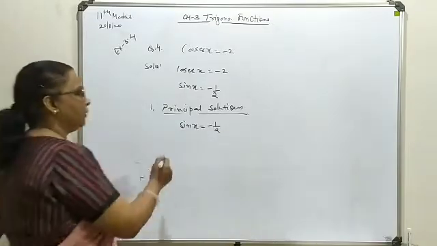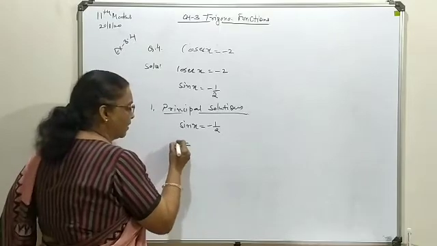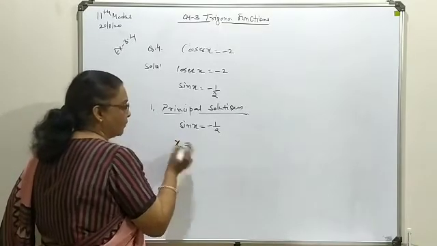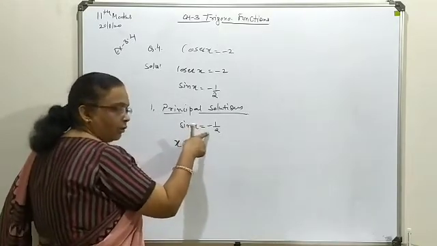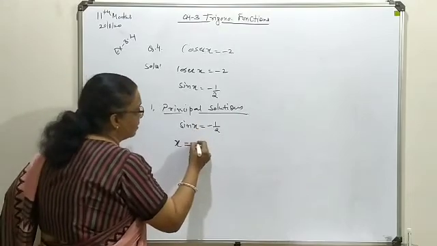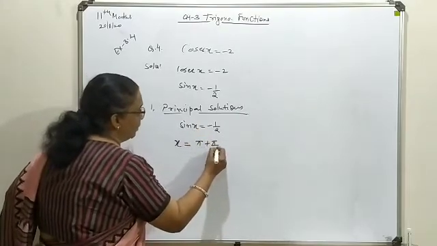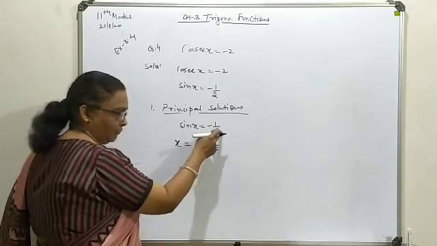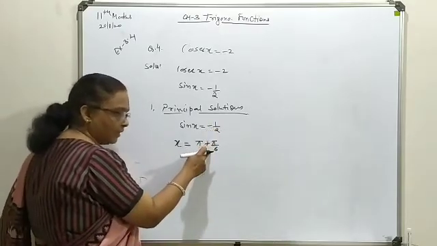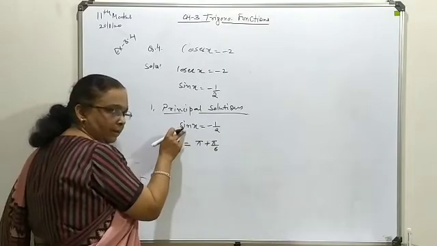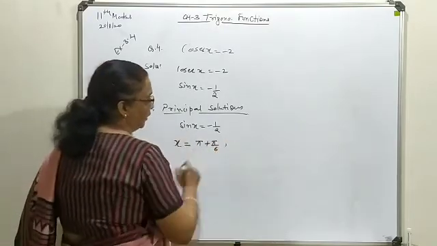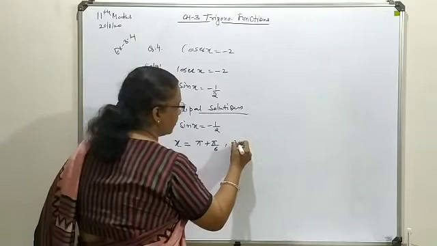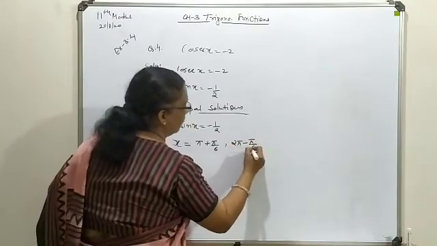So here it will be x as, first you will talk about the third quadrant, means pi plus pi by 6. This 30 you will pick up from this half. This half will give you this 30 degree with respect to this sine term. Or another you will have is 2 pi minus pi by 6.